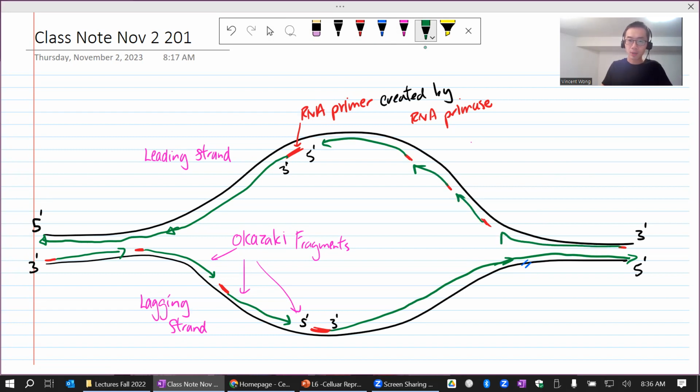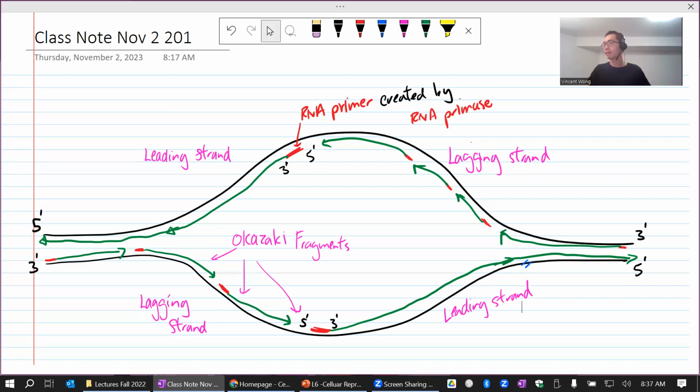So actually, the leading strand on one side of the fork becomes the lagging strand on the other side of the fork, whereas the lagging strand at the bottom will become the leading strand on the other side of the fork. I'm just going to pause for a moment to see if you guys have any questions.